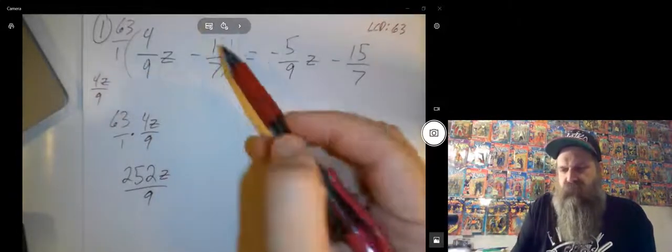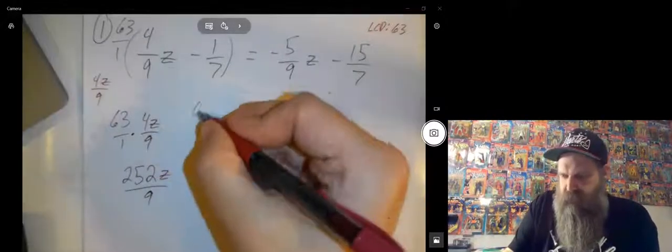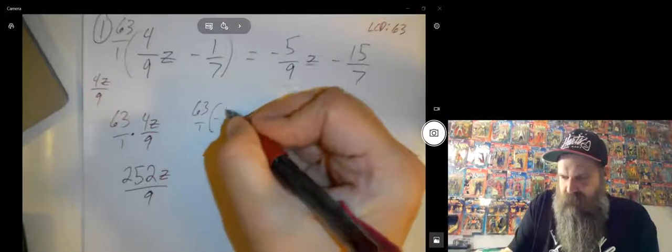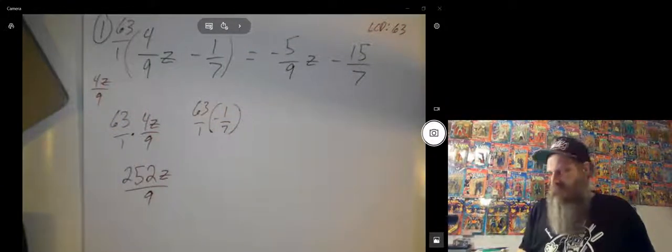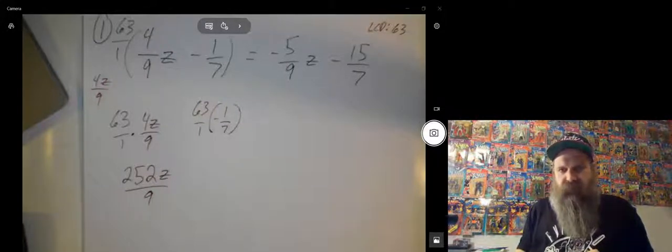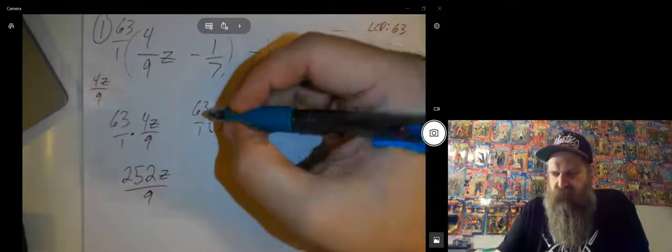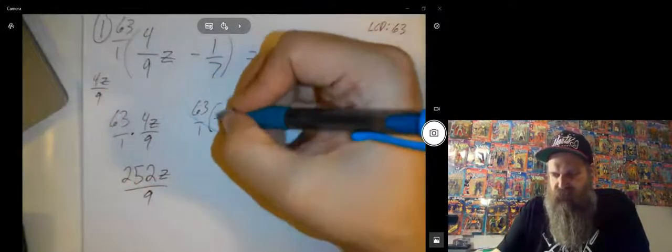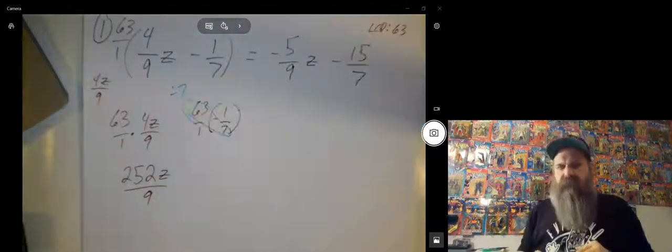Then I take 63, or 63 over 1, times negative 1/7. Here I will show that diagonal simplification, since it's pretty clear to see right here. That 63 and 7, I can divide both of them by 7.